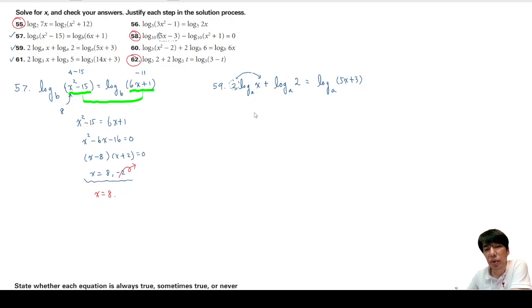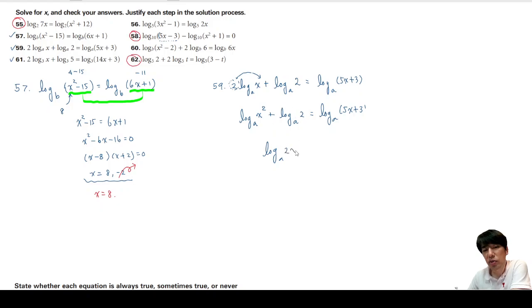So when you combine it, it becomes, okay, let's write one more line here, log base a of x squared plus log base a of 2 is equal to log base a of 5x plus 3. Now combine these two logs together. So log base a, that's a plus, so you have to multiply these two.